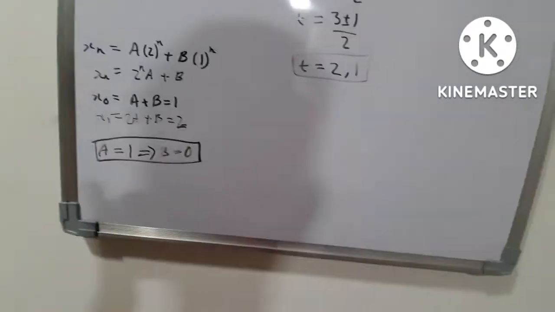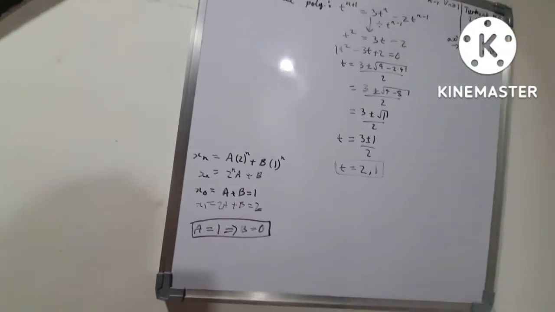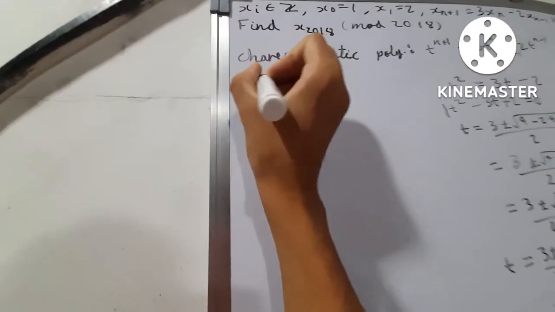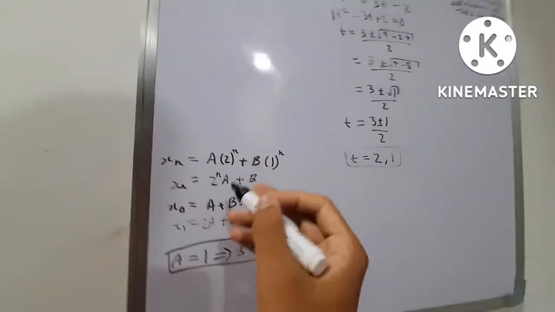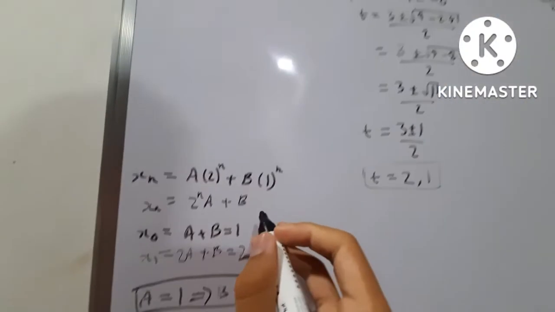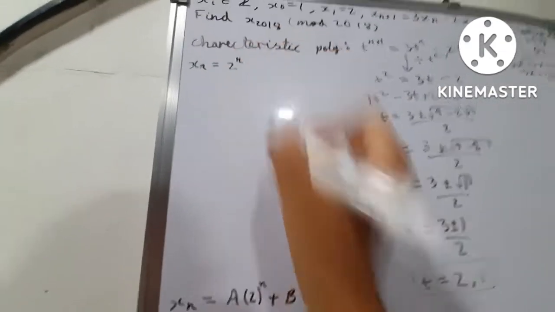That's quite important, right? So we get the general term of this recurrence relation. So x_n in conclusion is equal to 1 times 2 to the n, that's just 2 to the n, plus 0. Interesting.